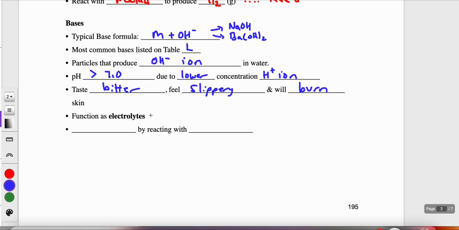Bases also function as electrolytes. Their solutions conduct electricity. And bases participate in a neutralization reaction, so we neutralize a base by reacting it with an acid.